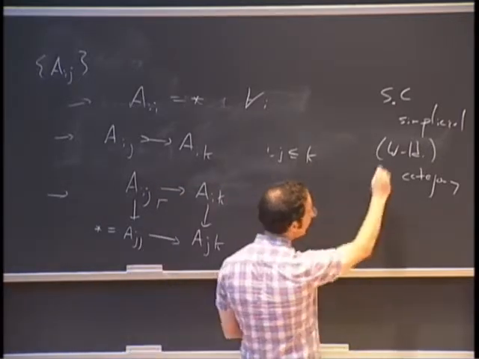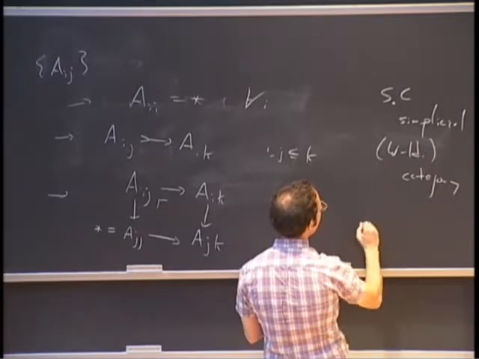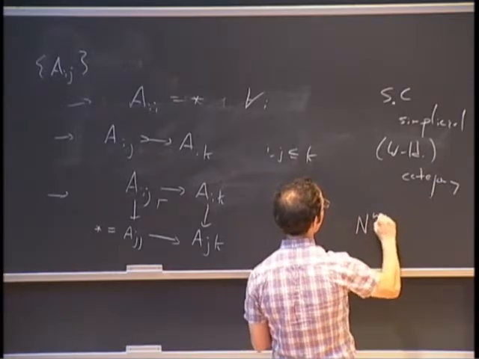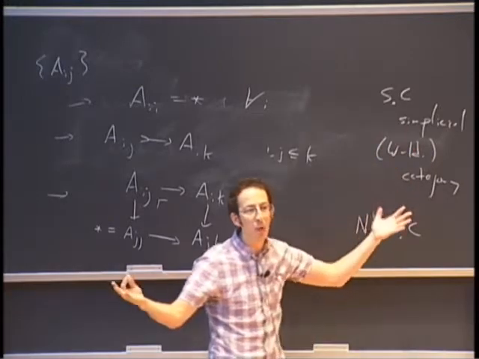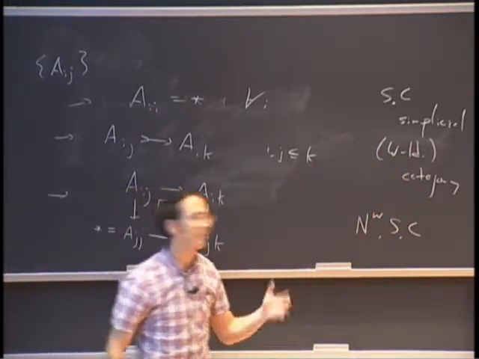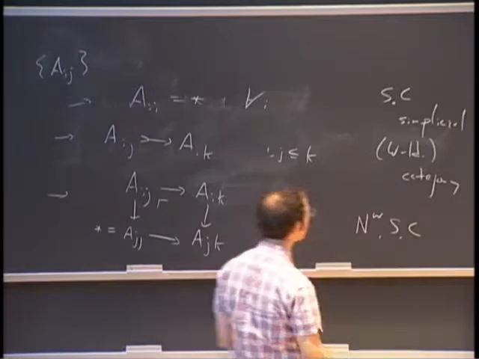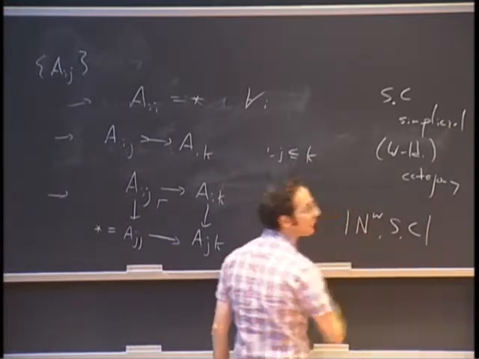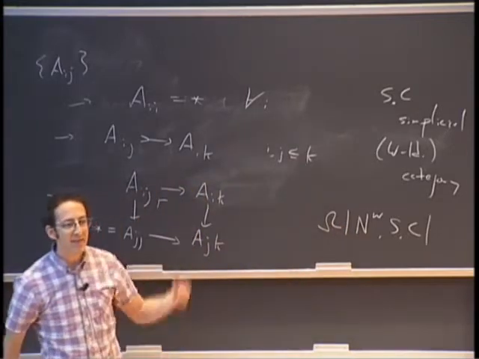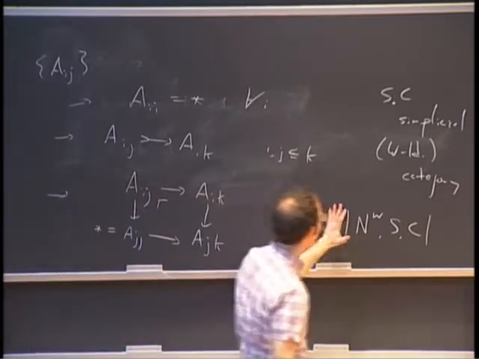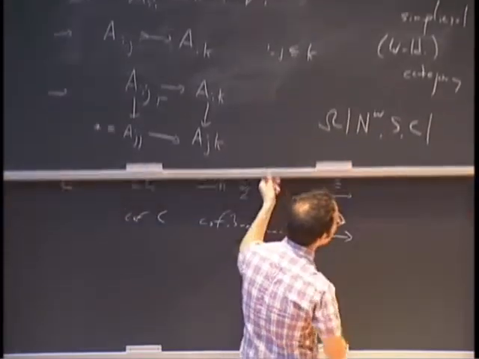But in the interest of completeness, I'll just point out that now what you do is you take the nerve of the weak equivalences. So the weak equivalences in this diagram category are pointwise. The cofibrations are more complicated, but the weak equivalences are pointwise. And I take the nerve of those, and I take the diagonal of that in a geometric realization, and I take loops on that, and that's the K-theory space. But let's not worry about that.